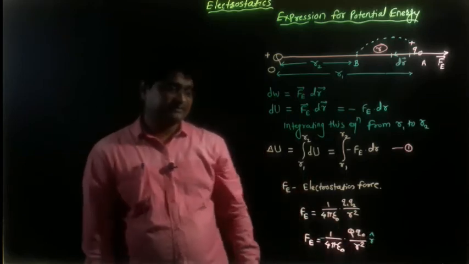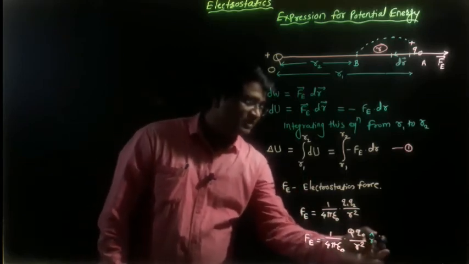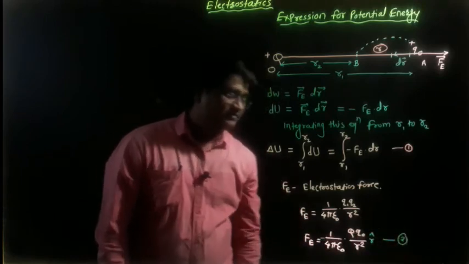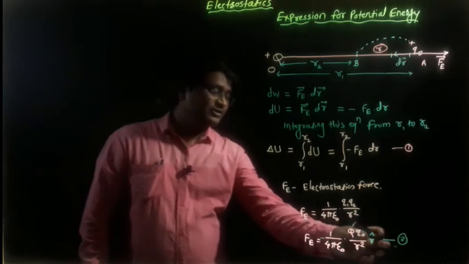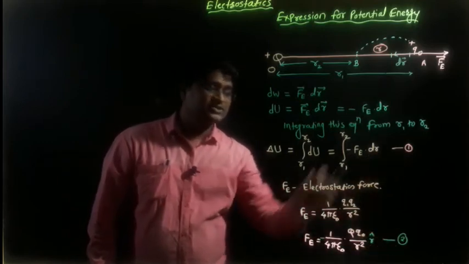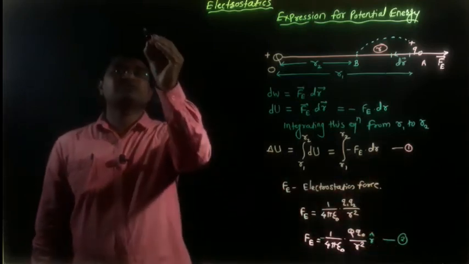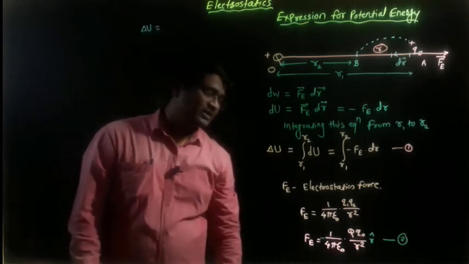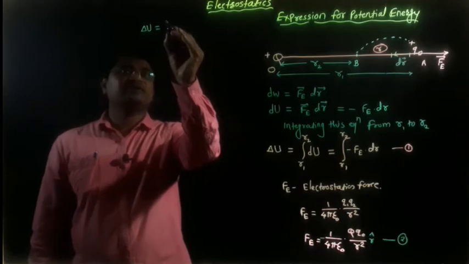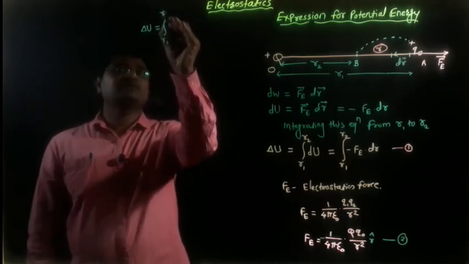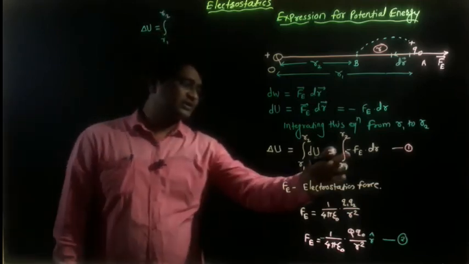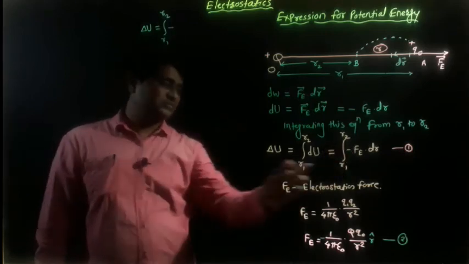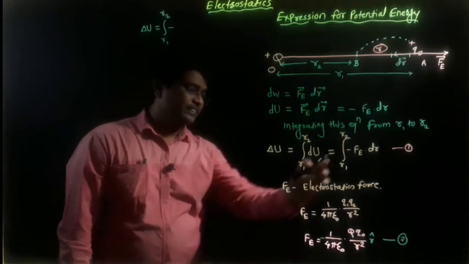This is the unit vector. So put this value of Coulomb's force, call it equation number 2, and put this value of electrostatic force from equation number 1. So we find the change in potential energy. The change in potential energy is equal to the integration from r1 to r2, with the negative sign here, of Fe.